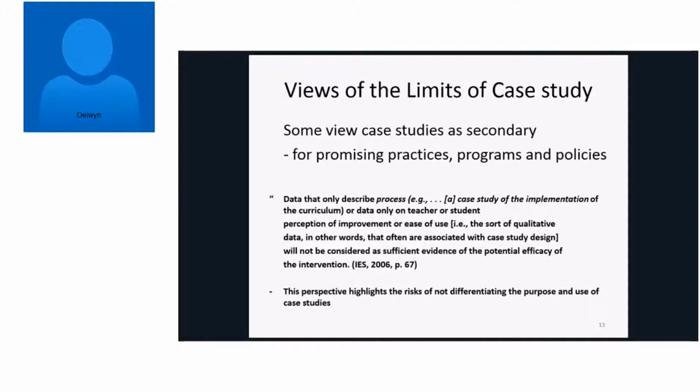We can't control for implementation ahead of time. We can't often control the way that the program or policy rolls out. We want to understand how context is being used.